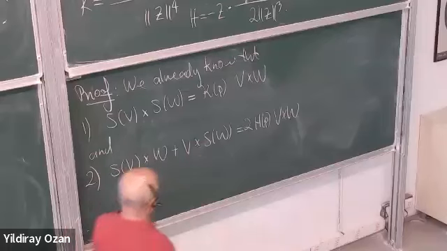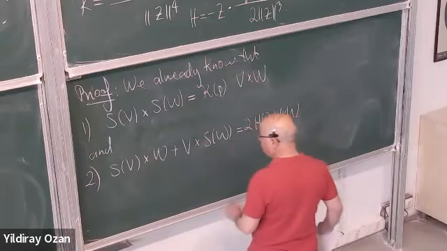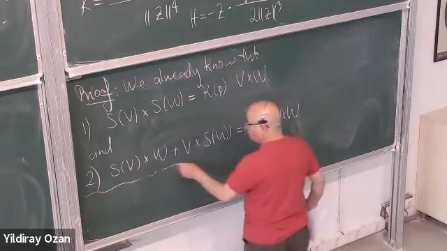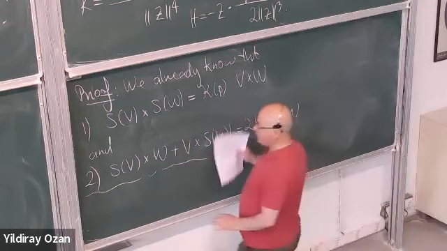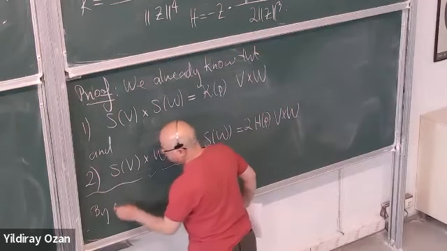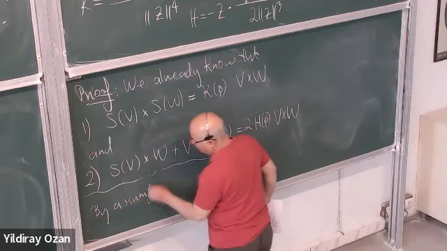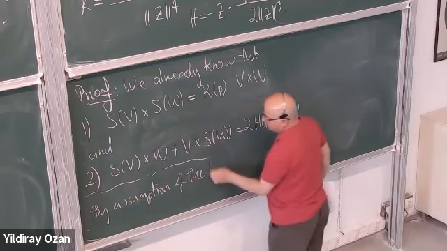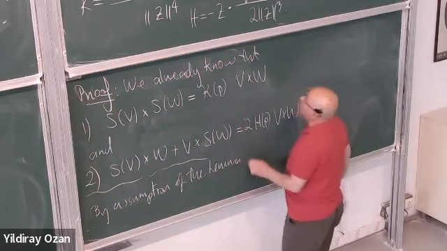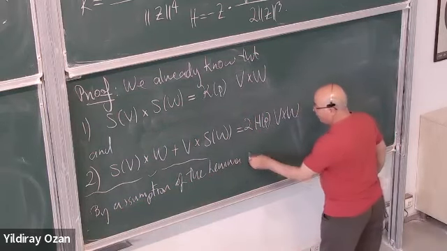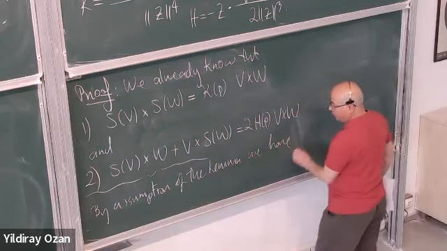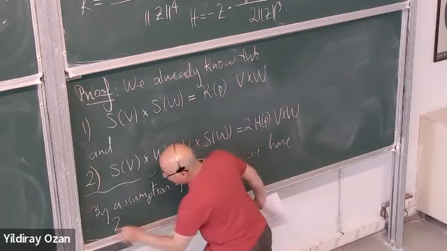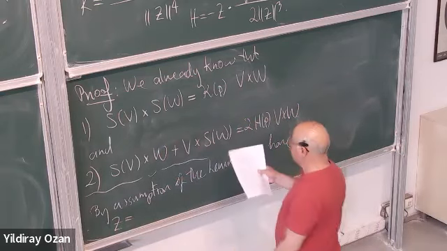Okay, now by assumption, so we will again make use of these. By assumption of the lemma we are trying to prove, we have Z equals V cross W, right?